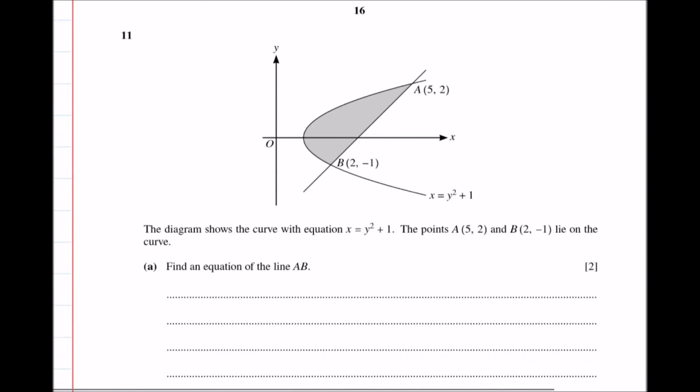Okay, so done. Now the last question. It says the diagram shows the curve with equation x equal to y square plus 1. The points A (5, 2) and B (2, minus 1) lie on the curve. Find an equation of the line AB. You can see here we have point A and point B. 2 points are given, and from the 2 points we can write the equation of a line.